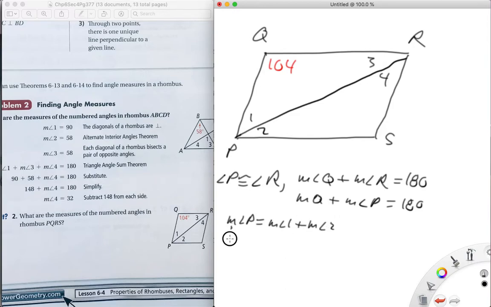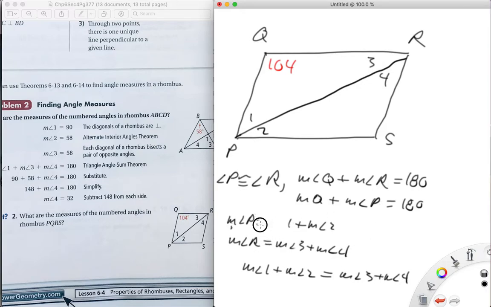I can also say that the measure of angle R is equal to the measure of angle 3 plus the measure of angle 4. And since P equals 1 plus 2 and R equals 3 plus 4, I can substitute and say that the measure of angle 1 plus the measure of angle 2 equals the measure of angle 3 plus the measure of angle 4.